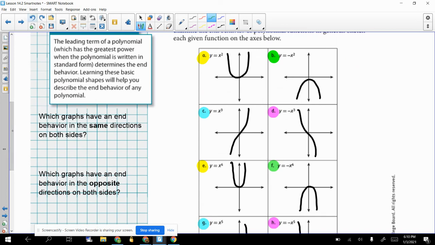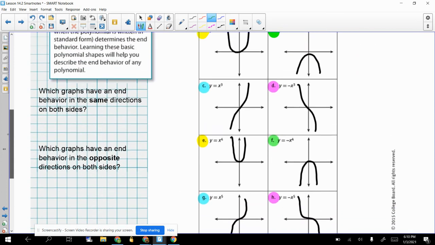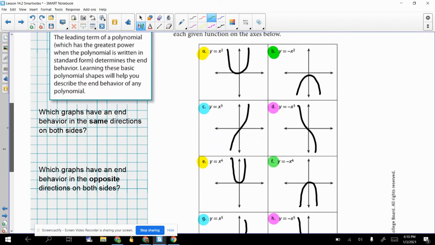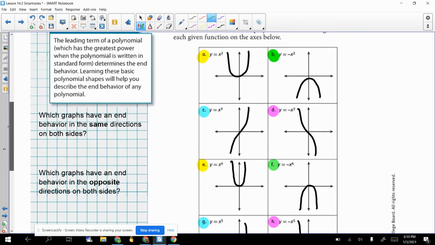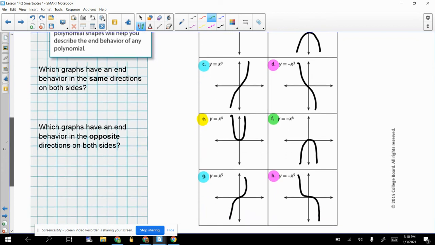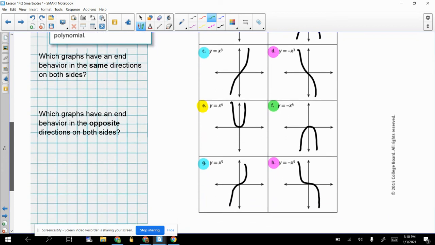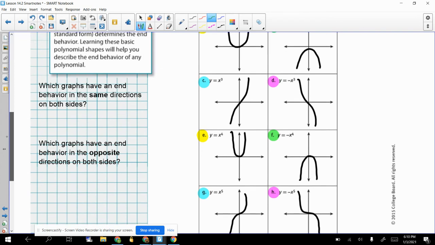Then what I've also done is highlighted ones that have similar shapes. So A and E have a similar shape, B and F have a similar shape, C and G have a similar shape, and D and H do.